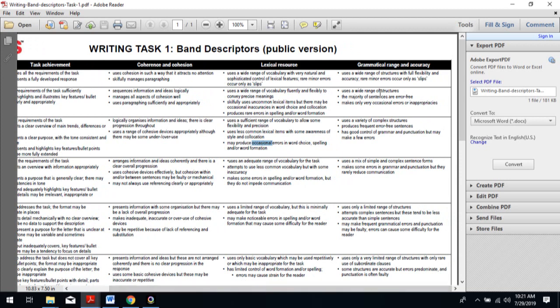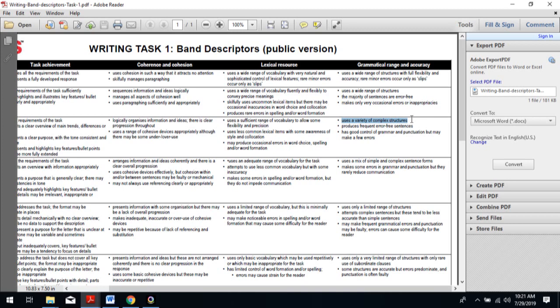Okay. And then lastly, grammatical range and accuracy. So specifically, it asks that you use a variety of complex structures. So as much as possible, try to avoid writing in simple and compound sentences.